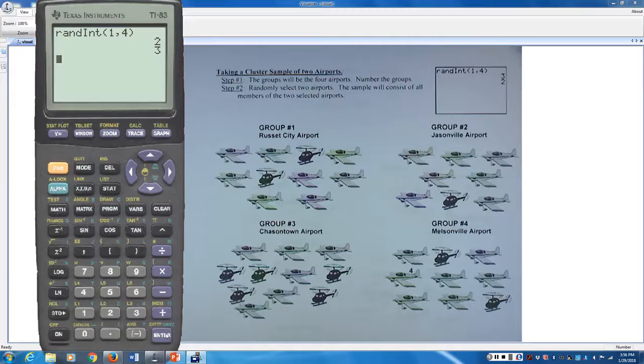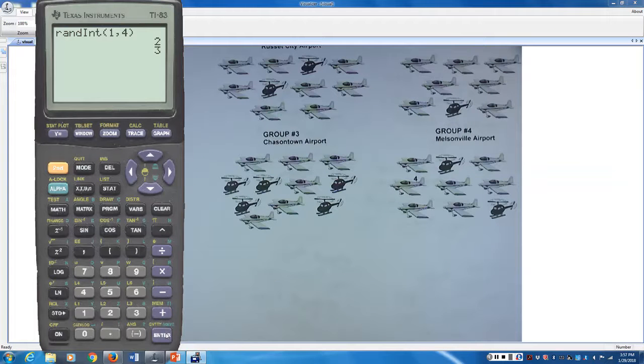So that's equal probability. The drawback, can I say what size sample that I want to take? No. Because I might have a sample of 21, I might have a sample of 20, I might have one of 19, just depending on which 2 airports I chose. Okay?